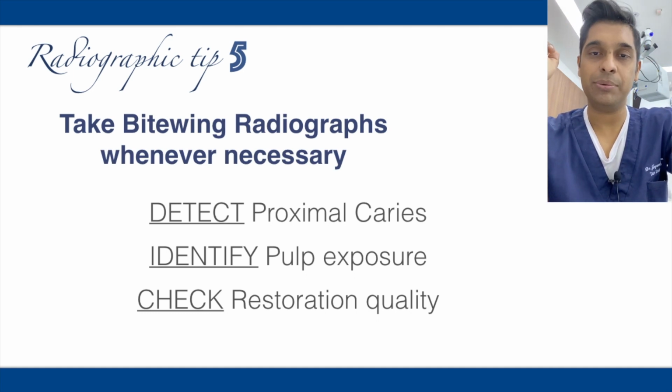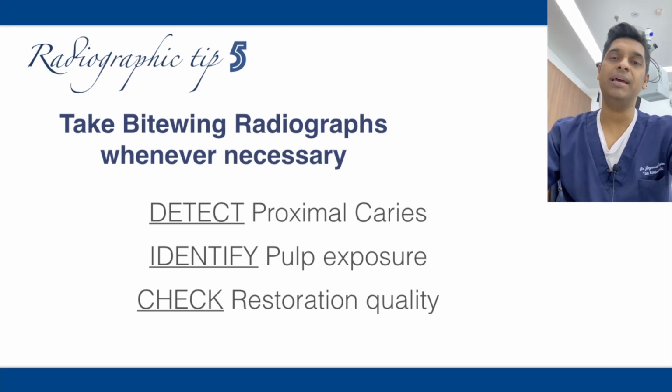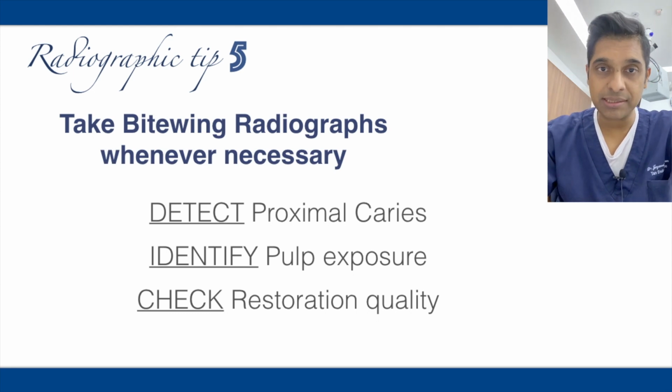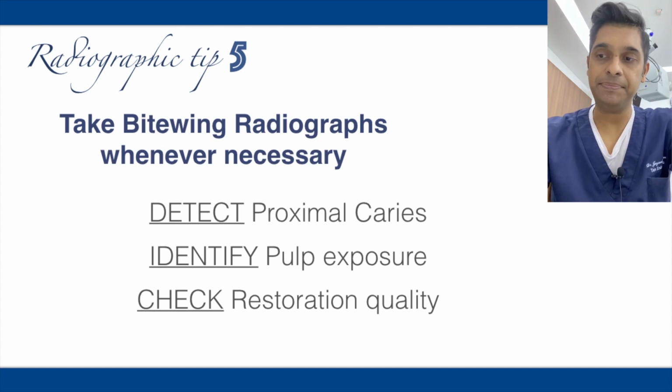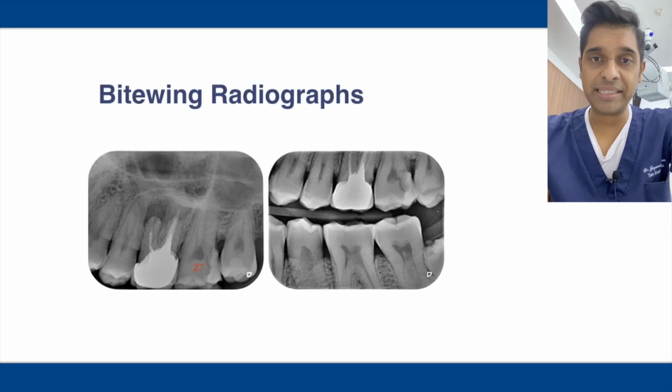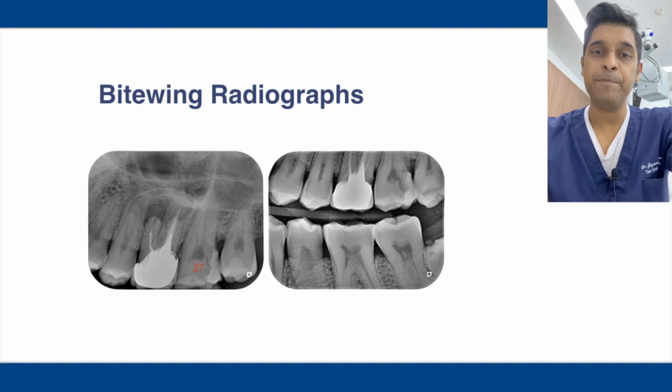Post-treatment, I use it to evaluate my post-endodontic restorations or my regular restorations. I'm talking about proximal restorations, just to make sure I don't have overhangs or underfills or voids or spaces at the gingival seat area.